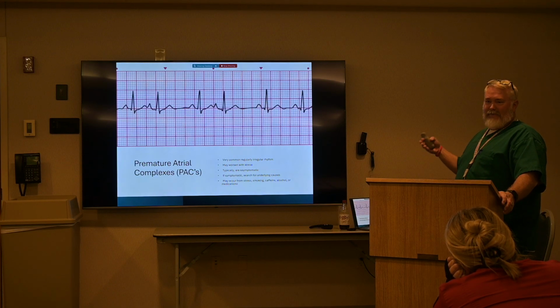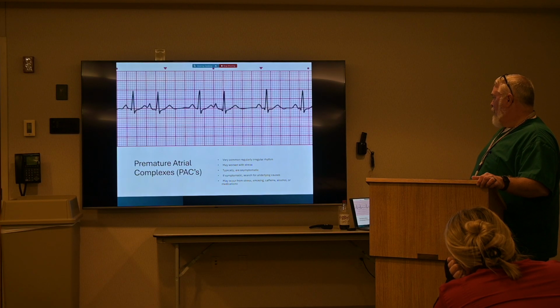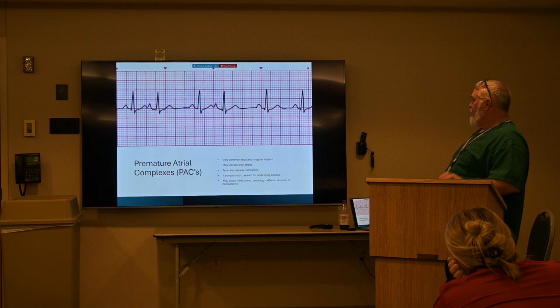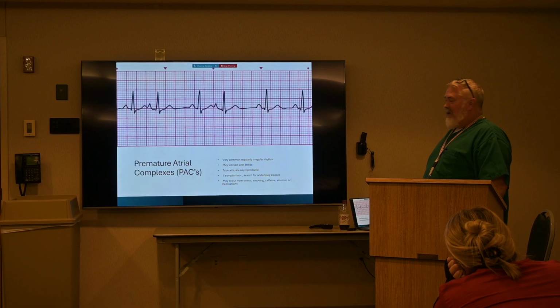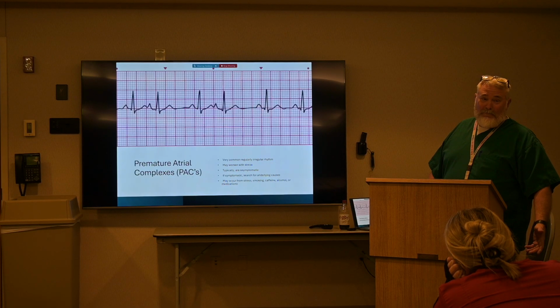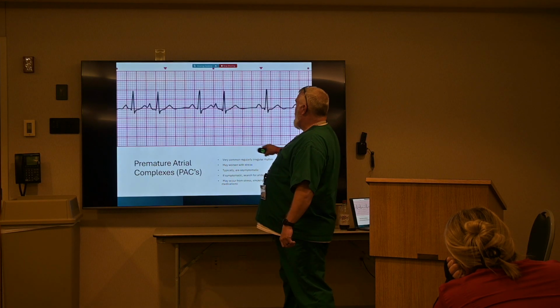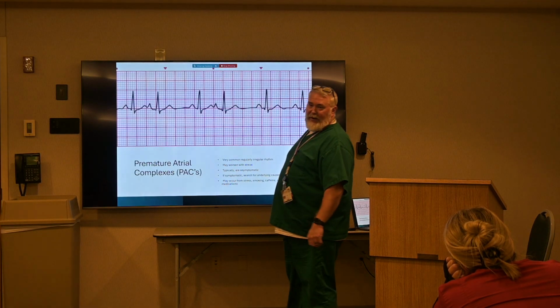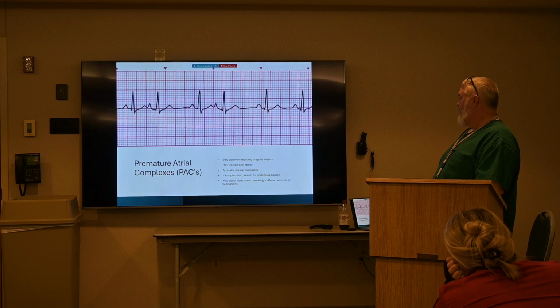Usually there's some other problem that's causing an issue, not the PACs. But they can occur from stress, smoking, caffeine, alcohol, or meds. You look at those two PACs, they look like regular beats. But number one, they're not regular. Number two, your P waves are peaked, and they're not symmetrical like the P waves on the other beats.